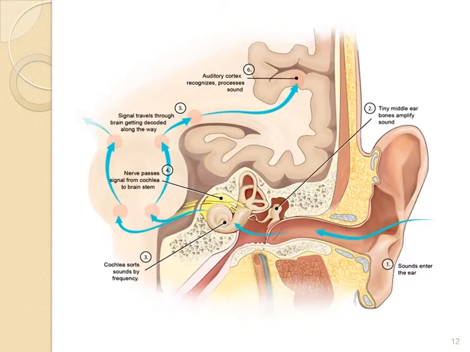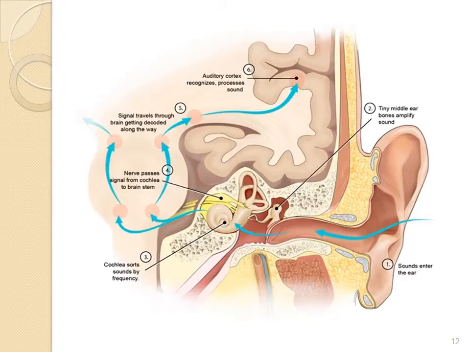In the cochlea, after the sound reaches it from the middle ear, the cochlea is responsible for sorting the sound by the frequency. After this, it is transferred to the nerve, which passes the signal from the cochlea to the brain stem.